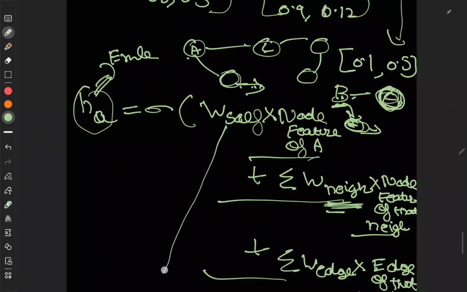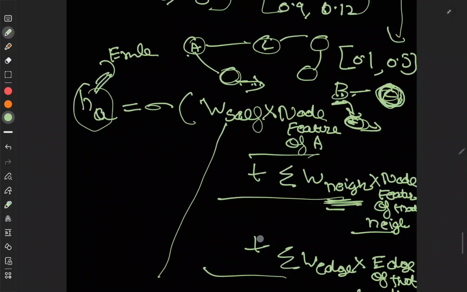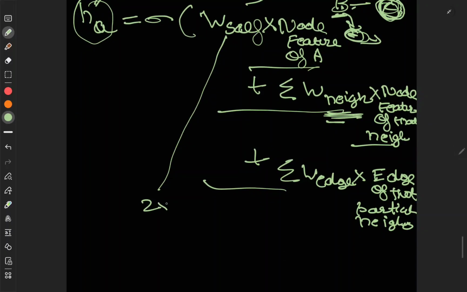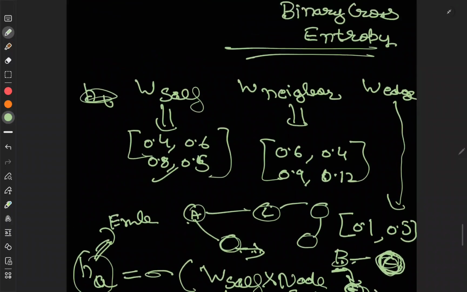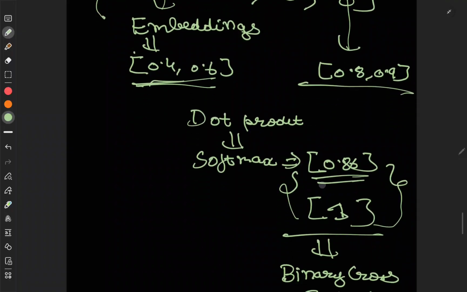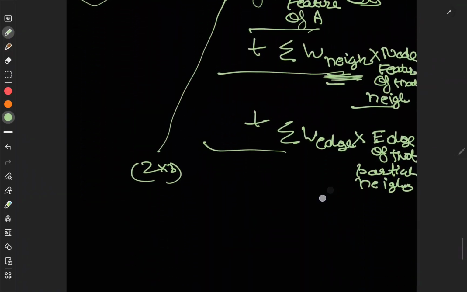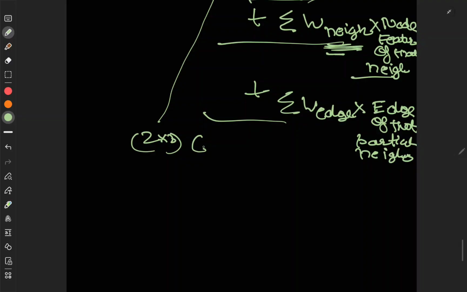So now how will these embeddings look? For example, W self. Now W self was something like this, right? A 2 cross 2 matrix, and node features of A. Let's say there were multiple node features, but for now we can say that only 2 features are there, so my calculation is easier.